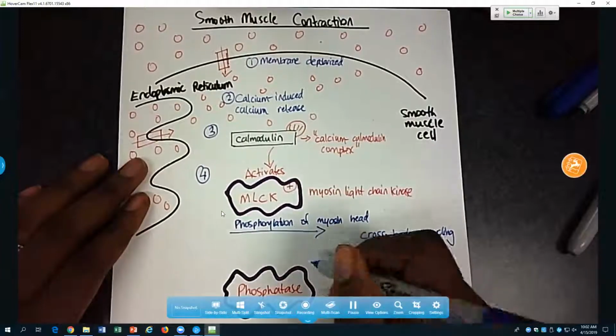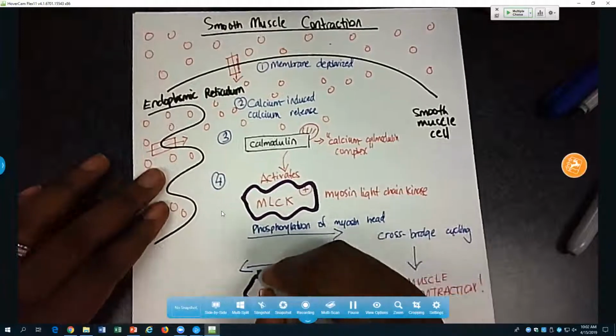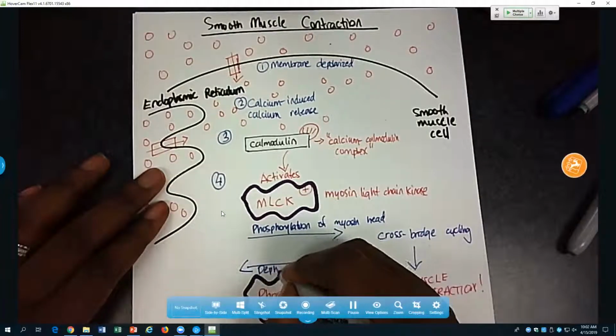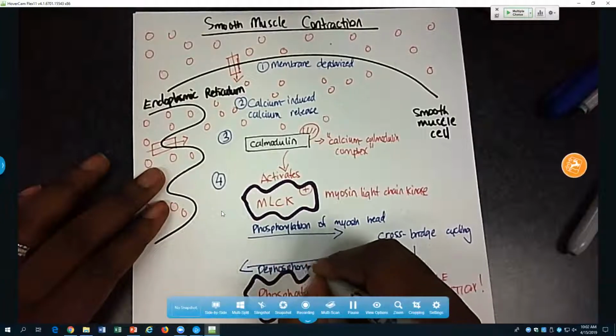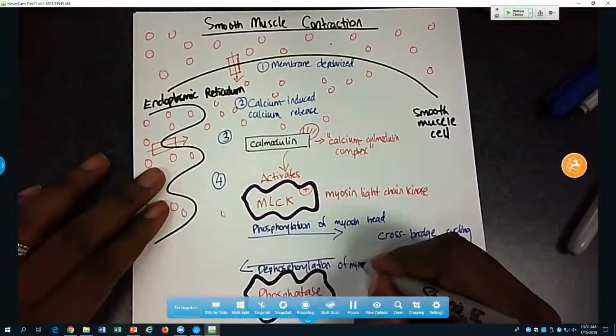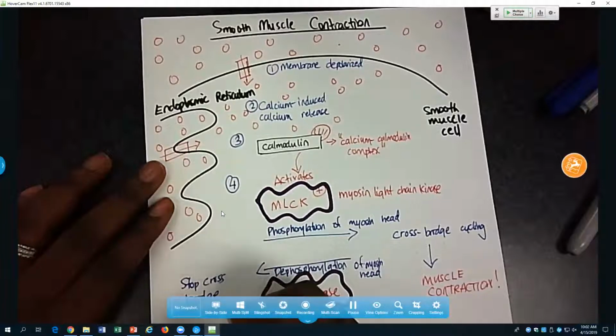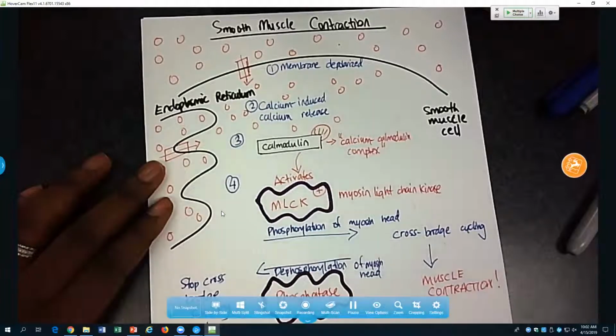So if we have phosphatases dominating here, we're going to have dephosphorylation of the myosin head. And that is going to stop cross-bridge cycling. Which basically leads to muscle relaxation.